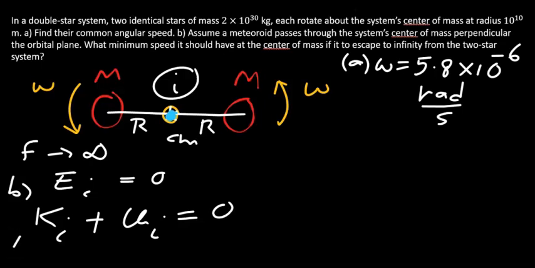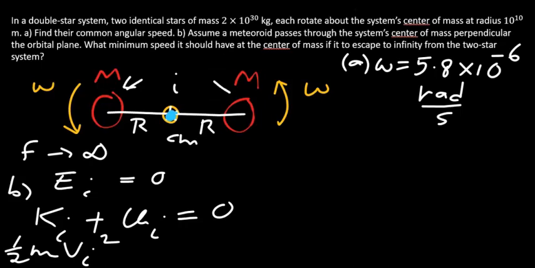The kinetic energy is given by half times the mass of the meteoroid times that minimum speed that we want to calculate, v_i squared. The gravitational potential energy of the meteoroid at that center of mass has two terms. One is due to the star on the left. The other one is due to the star on the right. So let's write them down separately.